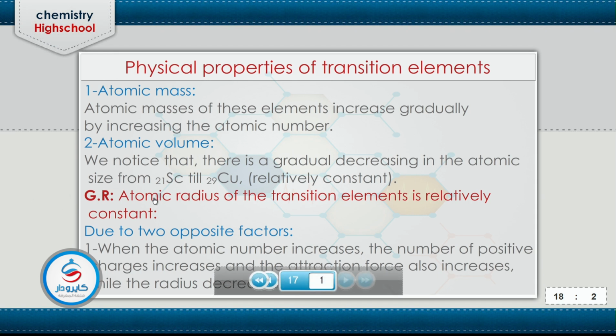Question: give reason. The atomic radius of the transition elements is relatively constant. There are two opposite factors that affect this point. Number one, when the atomic number increases, the number of positive charges increases, and the attraction force also increases, while the radius decreases.